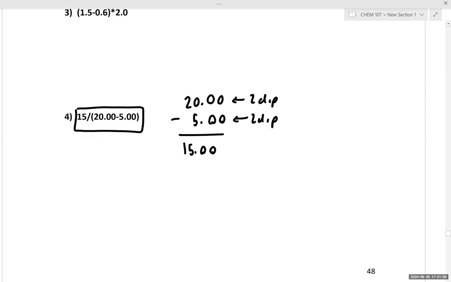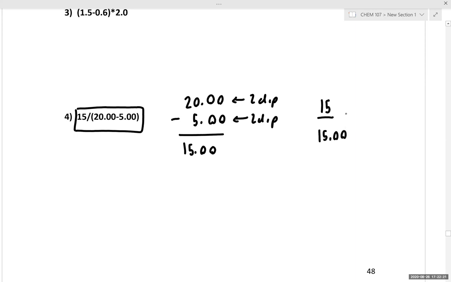15.00. We note that the last reported significant digit in 15.00 is the 0. We don't have to use bar notation in this case because all of the digits in this measurement are significant. Then we move on to division. So we have 15 over 15.00.